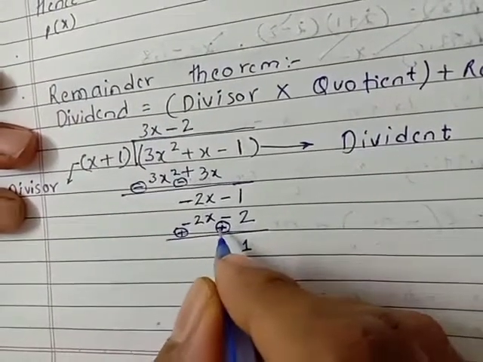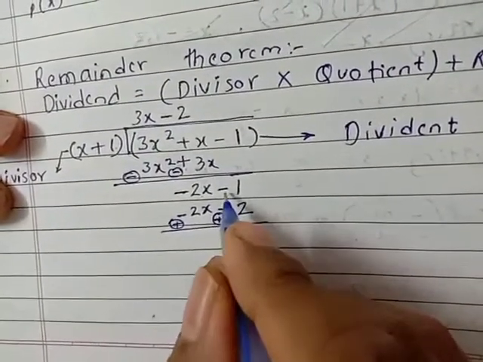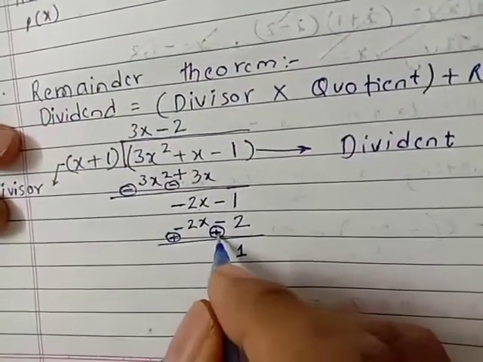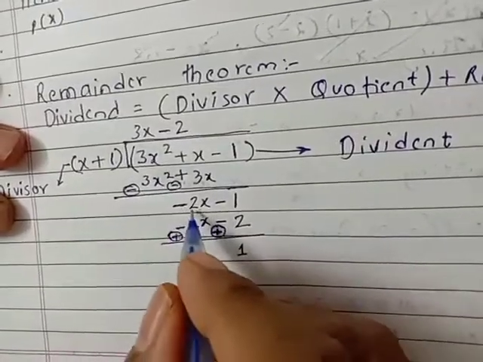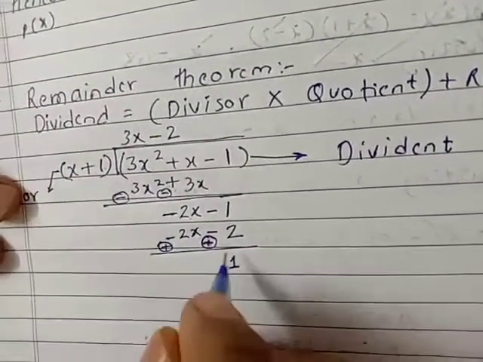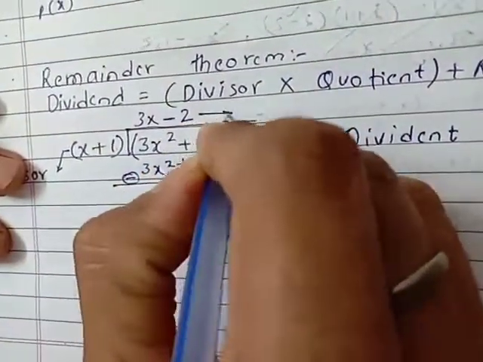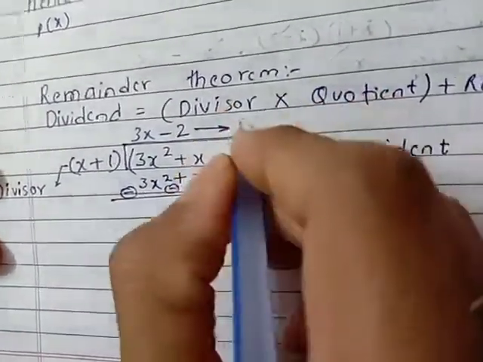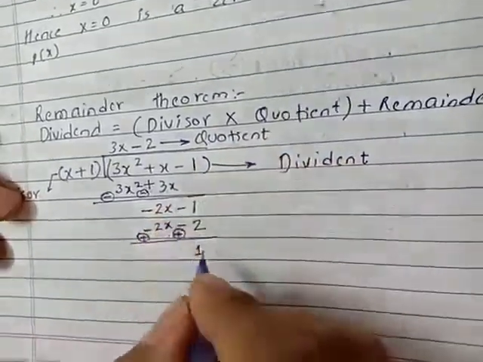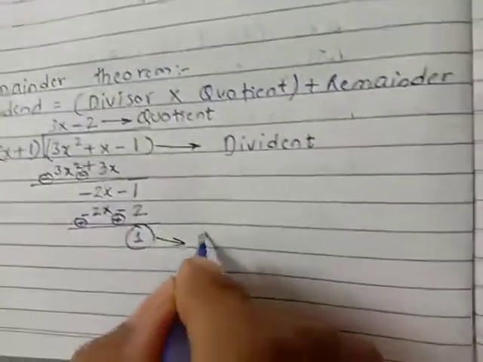How? 2 minus 1 is 1, and the sign of the greater number is plus. So plus 1, and minus 2x plus 2x gets cancelled, so it is 0. Okay, so now this is the quotient, and this 1 is the remainder.